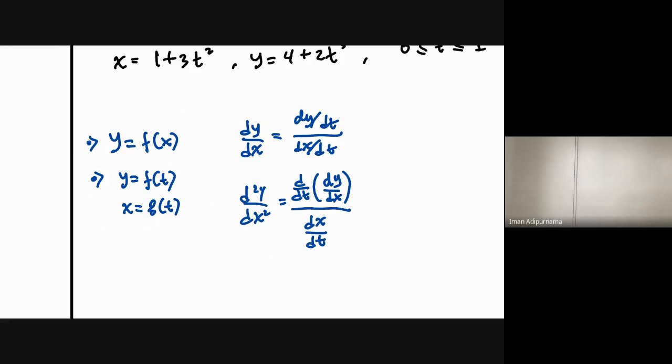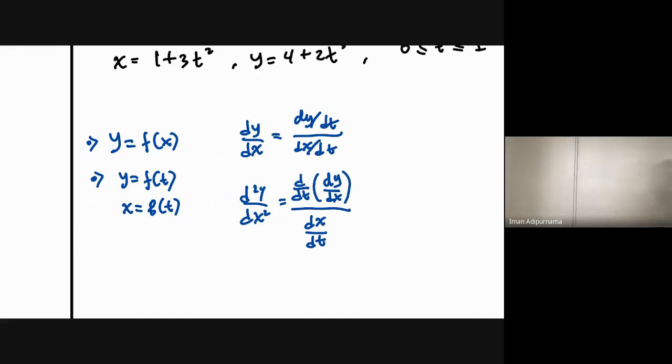What we should do is relate that y is actually a part of x, or x is the domain for y. That means we need to derive the first derivative of this part, dy over dx, and then divide all by dx over dt. And that is the definition of the second derivative in this case.